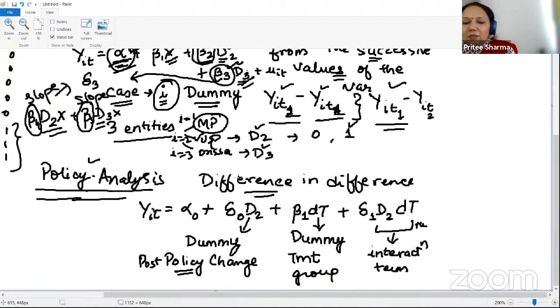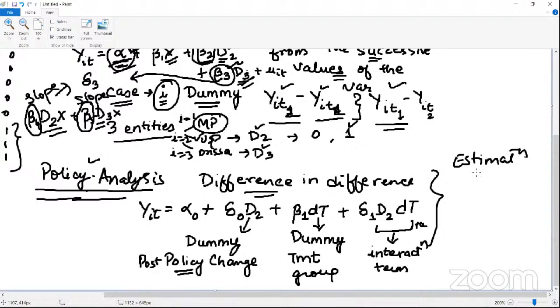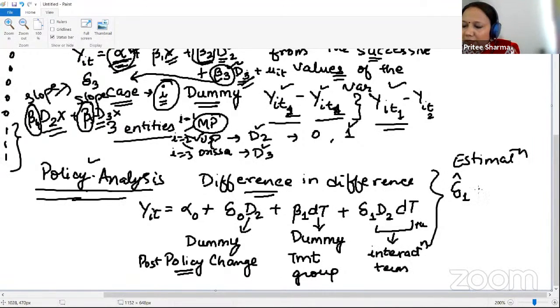Yeah. So when we are doing this, how are we going to do the estimation here? The estimation will be again like the difference in difference. So the estimator will be, say, delta 1 hat is equal to y2 bar minus y2 bar.